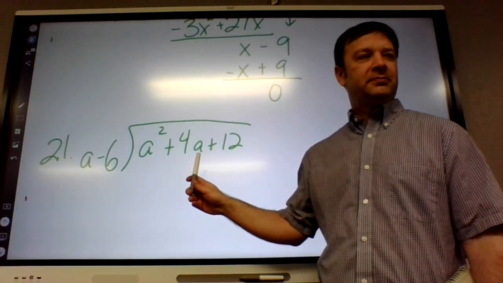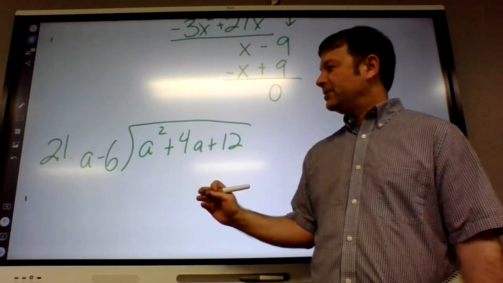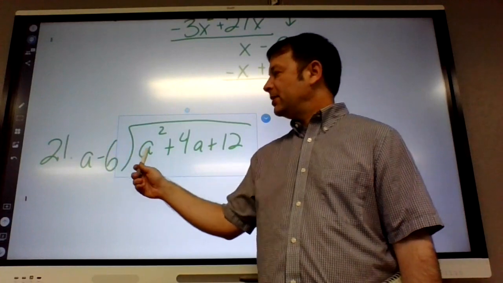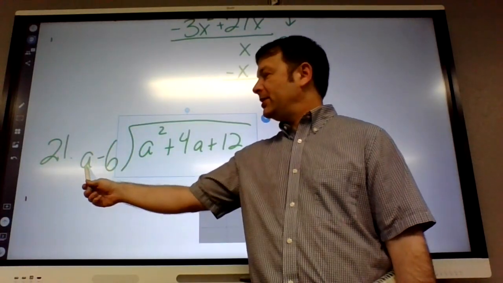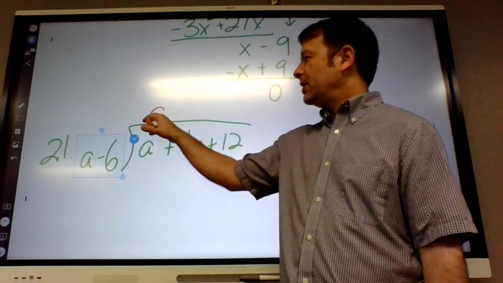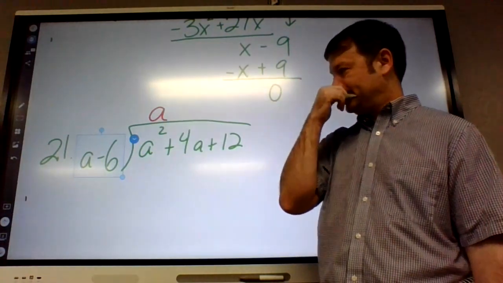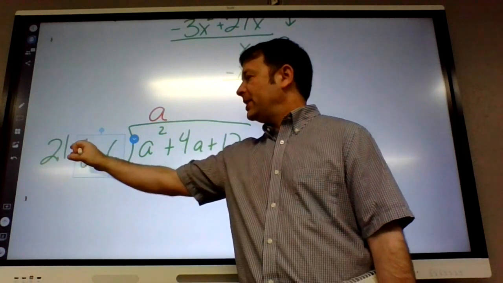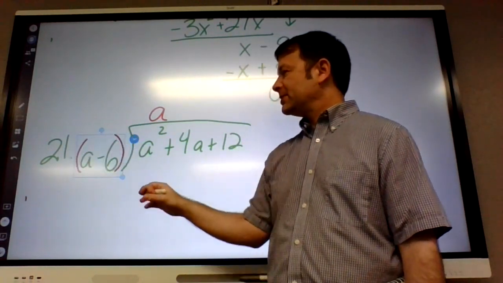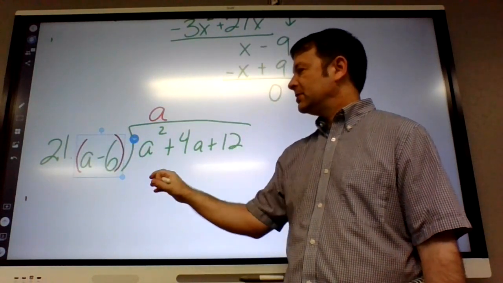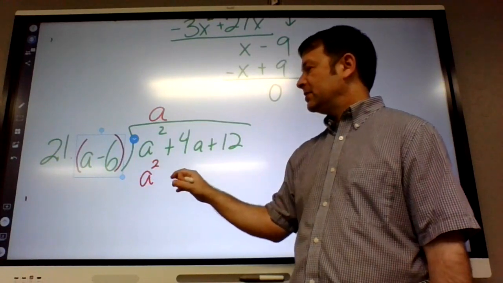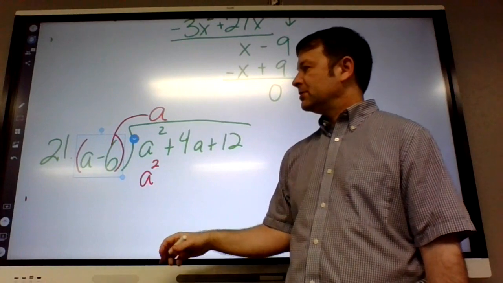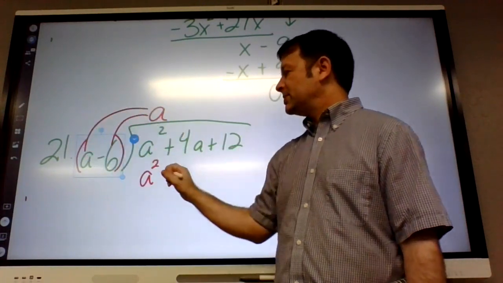Sometimes you divide that stuff, right? A squared divided by a is a. And then we do a times a minus 6, a squared, plus negative 6a.